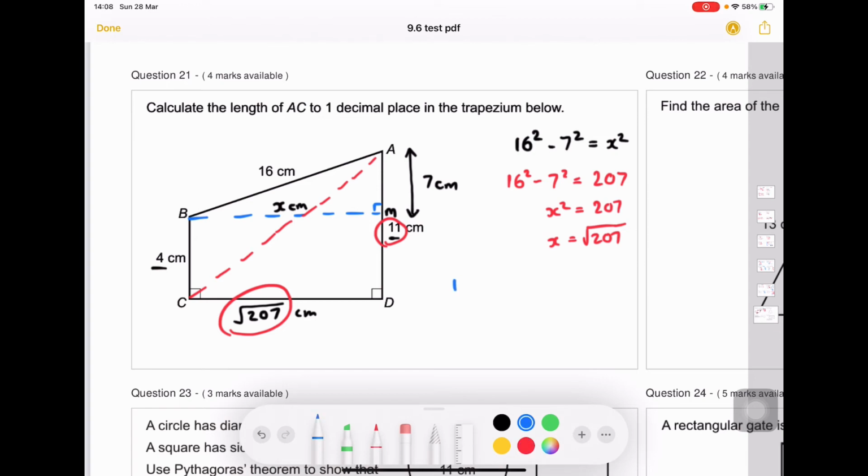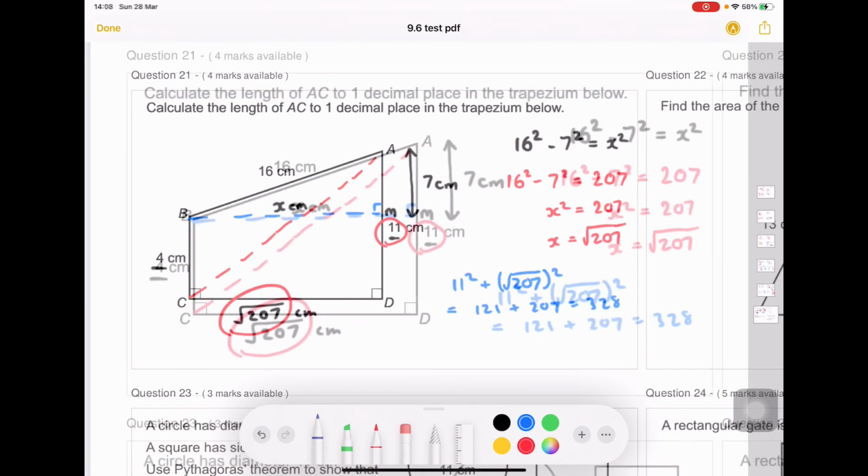So I'll write 11 squared plus 207 squared, which is 121 plus 207, which is 328.